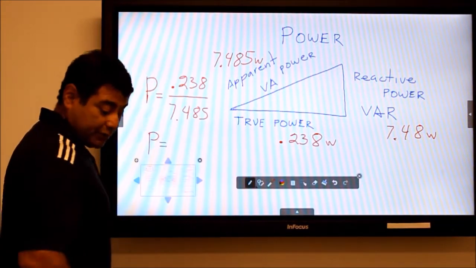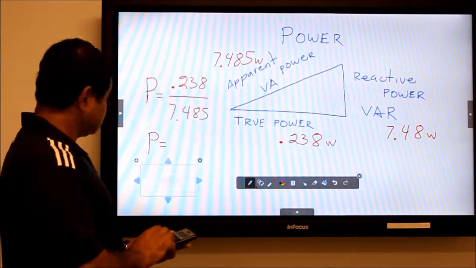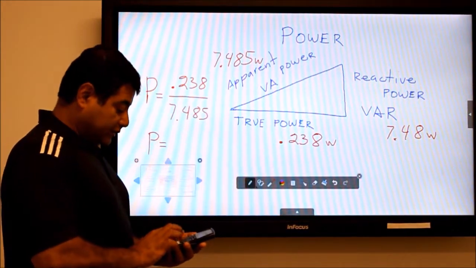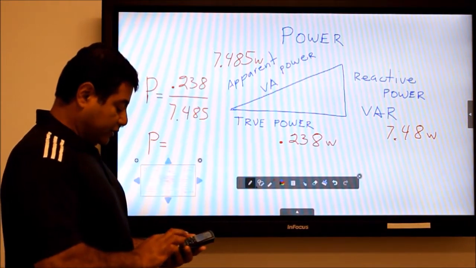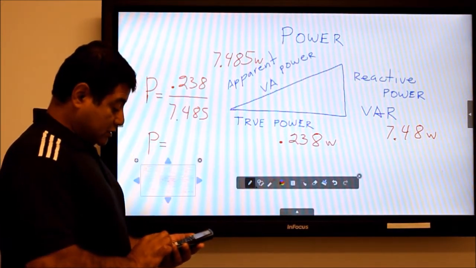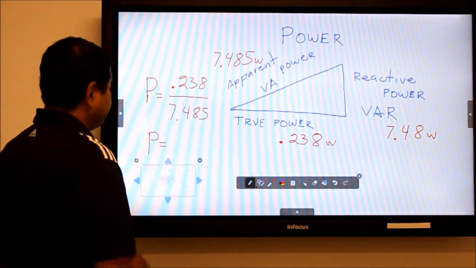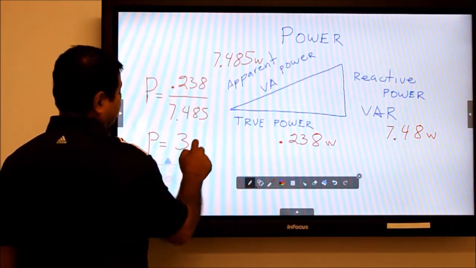Let's see if we get the same thing. So 0.238 divided by 7.485 times 100. And lo and behold, I get 3.17%.